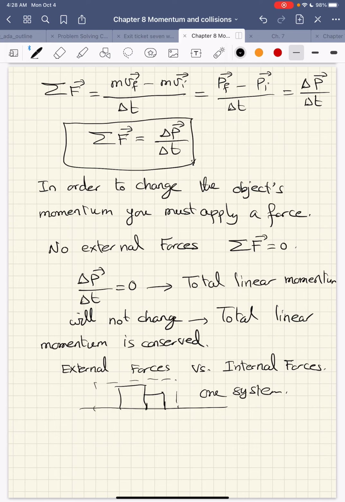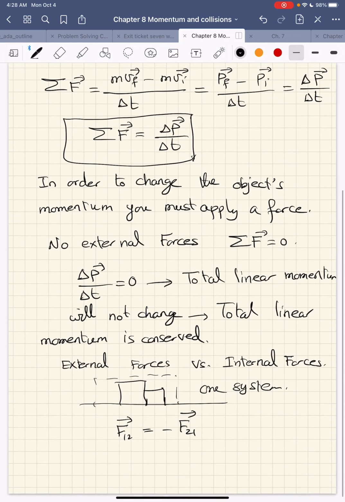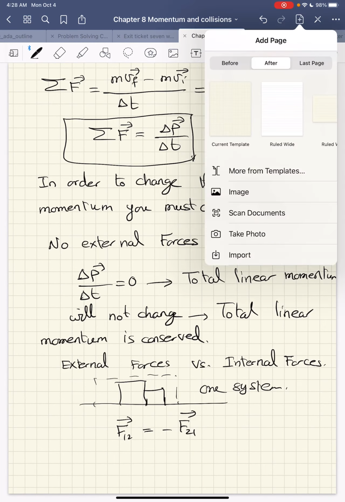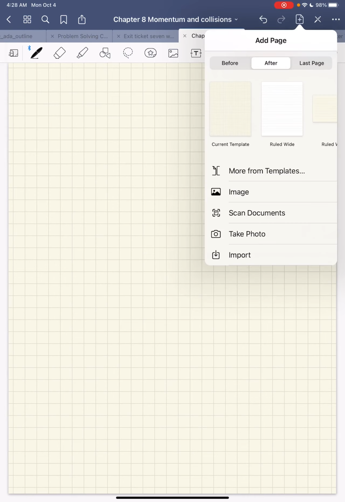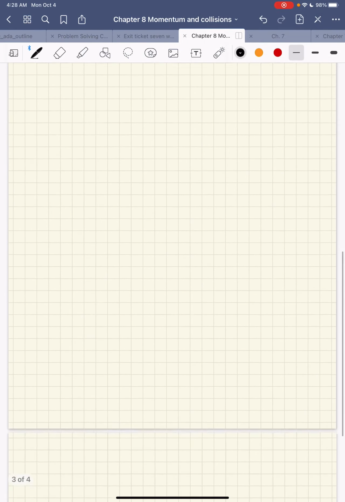The external force is 0, but that doesn't mean we don't have internal forces. When we sum all the forces, because they are equal in magnitude and opposite in direction, they cancel because they are internal forces. In general, when the applied external force is 0, momentum should be conserved.